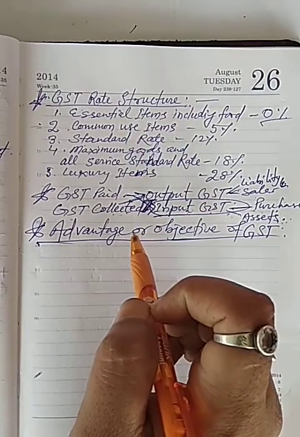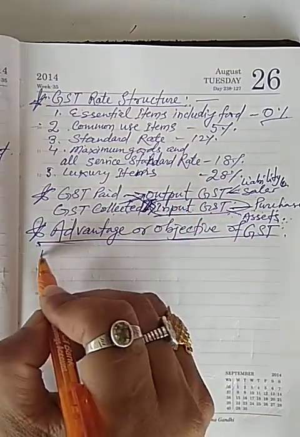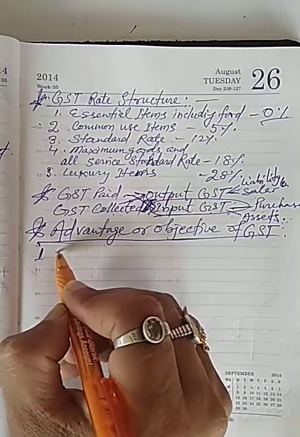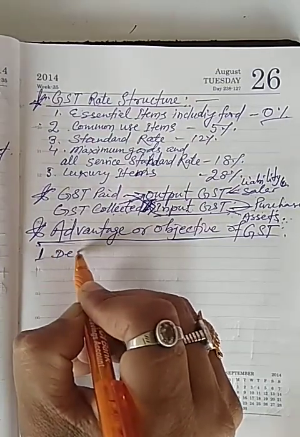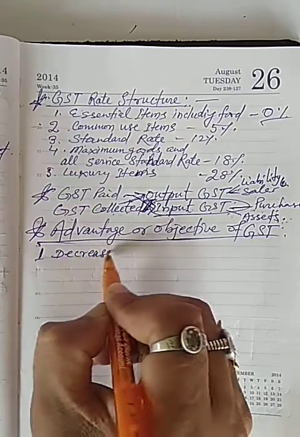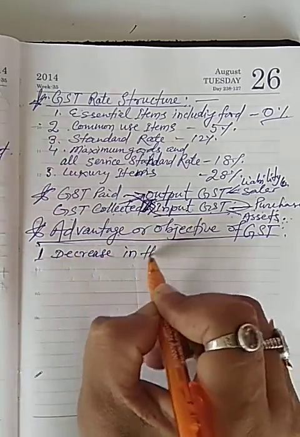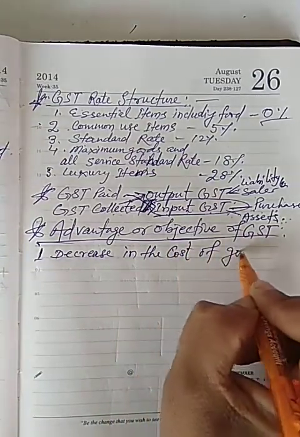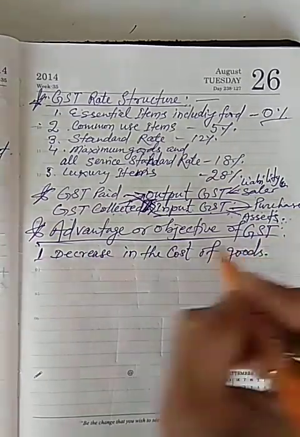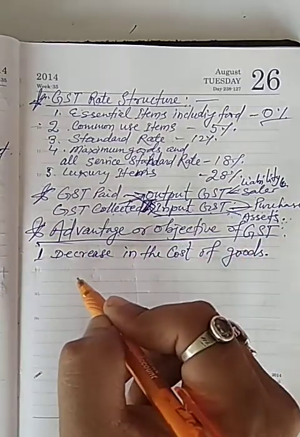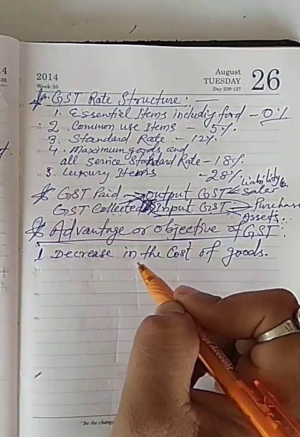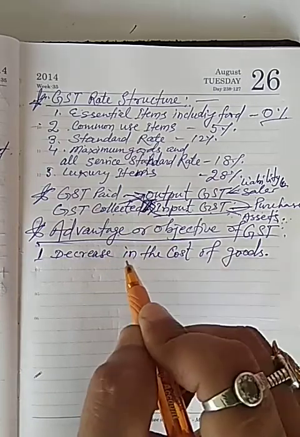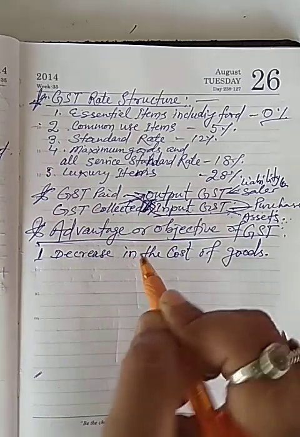So the first advantage is a decrease in the cost of goods, because now only one tax is charged.